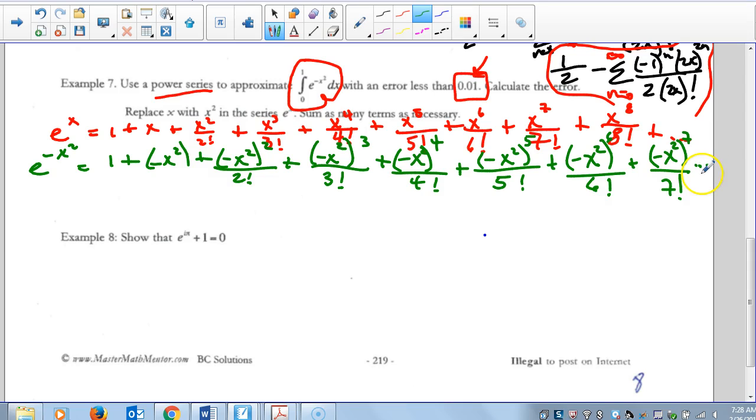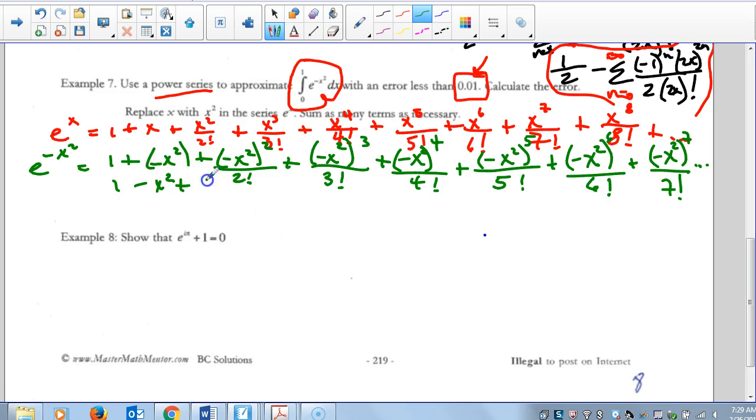All right. So, here we go. I am integrating that. So, let me write it out without the parentheses, so that for me at least it's easier to integrate. So, here we go. So I got negative x squared.